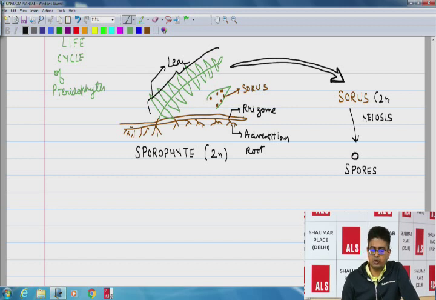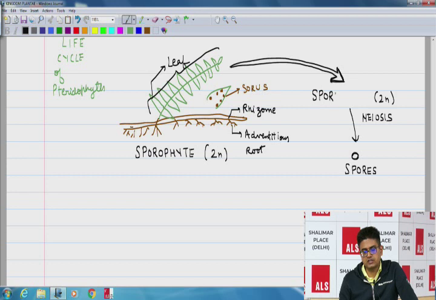Sorus is also diploid, but when meiosis is happening, not every cell of the sorus is going to give spores. Please write spore mother cell instead of sorus. Spore mother cell undergoes meiosis, gives rise to spores, and after meiosis, the cell becomes haploid.